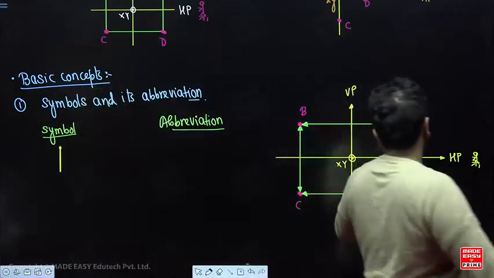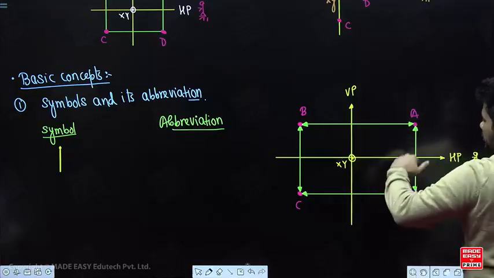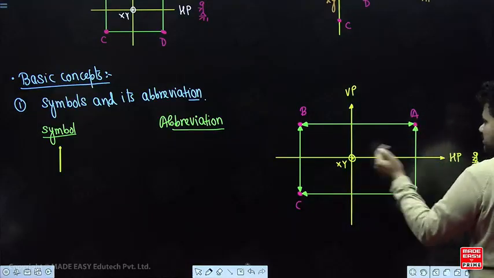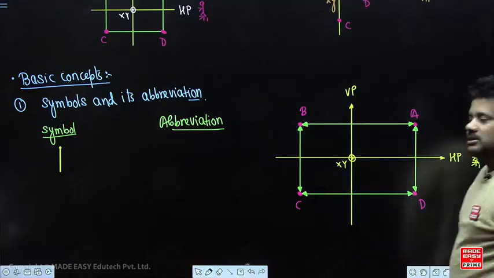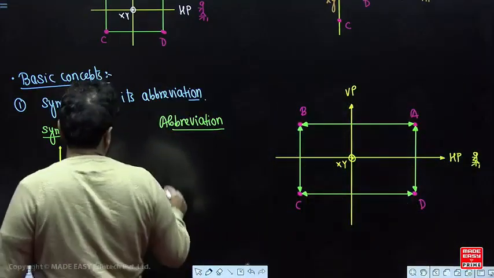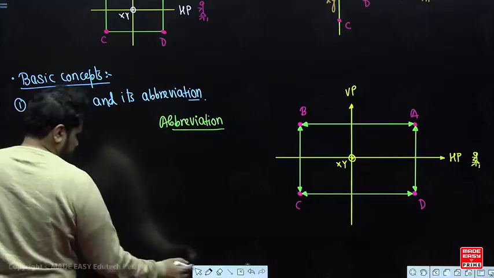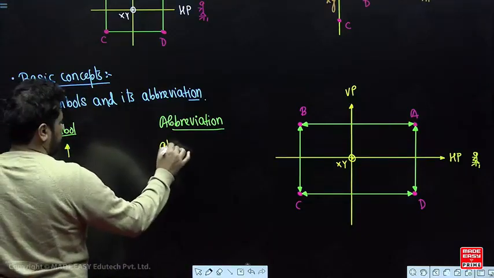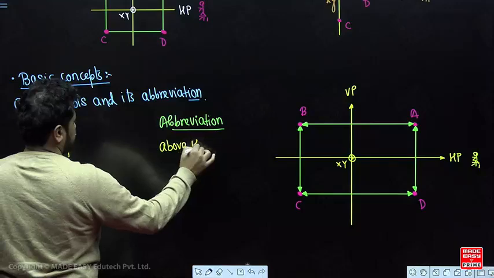You can see that here, this is the upper arrow. How will you read this upper arrow? Upper arrow means above HP. So this point A is above HP, point B is above HP.